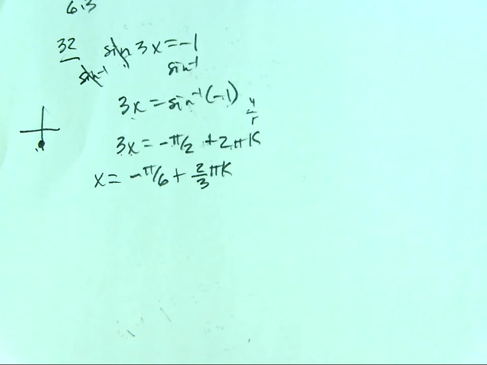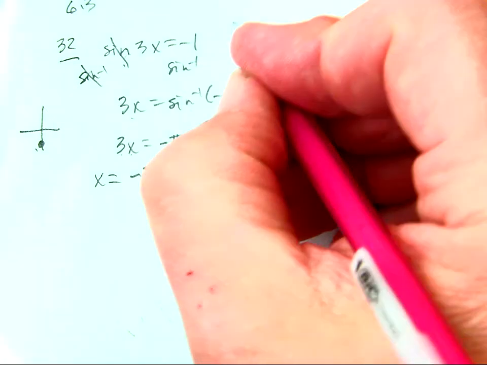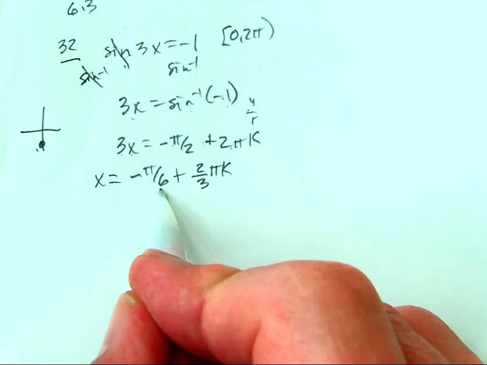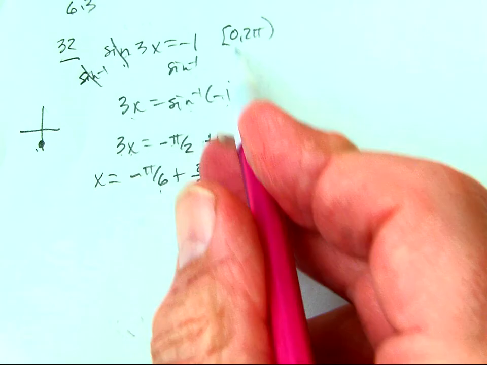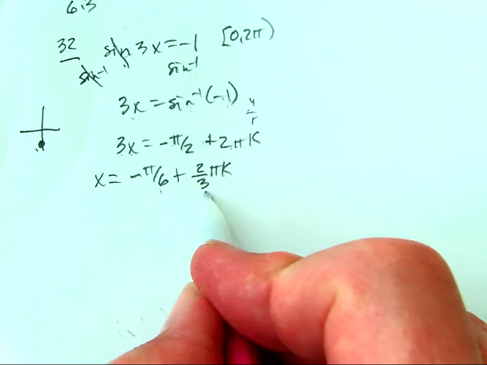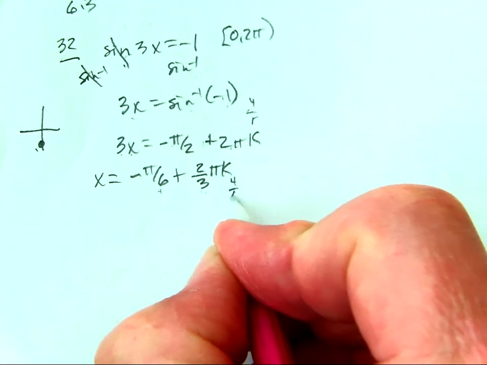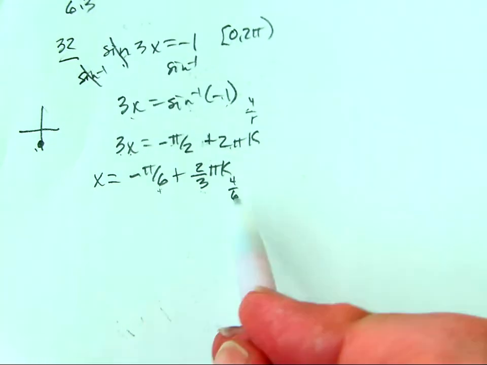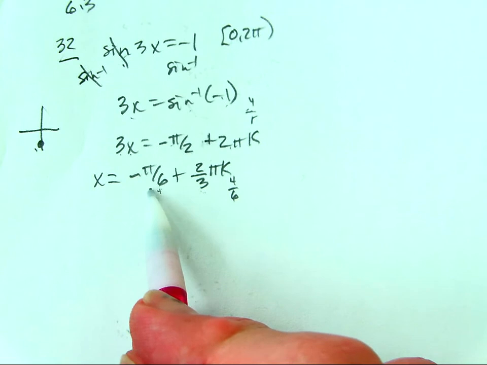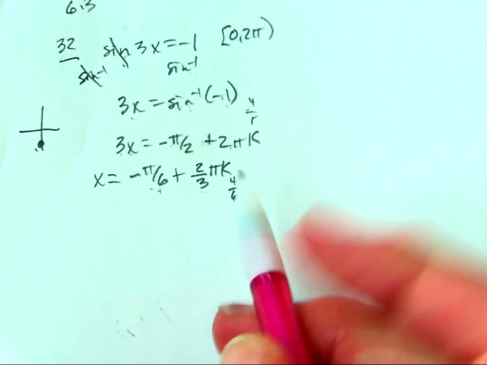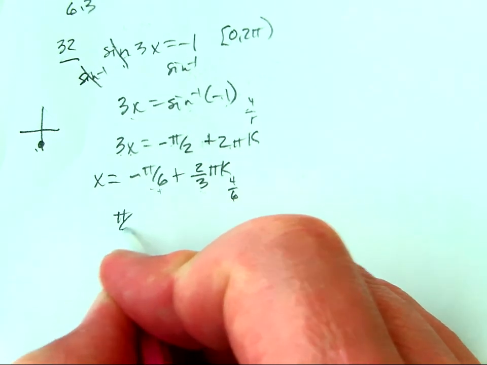Now we want to find everything that fits between 0 and 2π. We start with -π/6. That's negative, so that doesn't work. Now, if we're going to add 2/3, since we're in sixths, 2 over 3 is the same as 4 over 6, so we're going to add 4/6. If we take -π/6 plus 4/6, that's 3/6 π, which is the same as 1/2 π, and that fits.